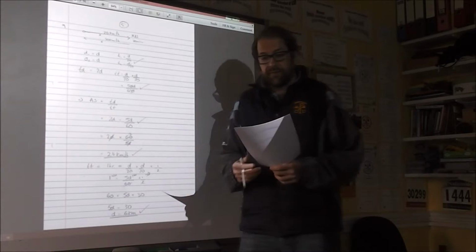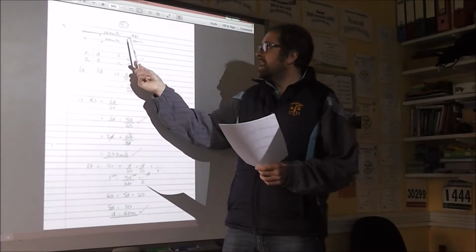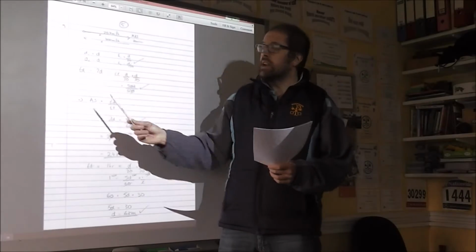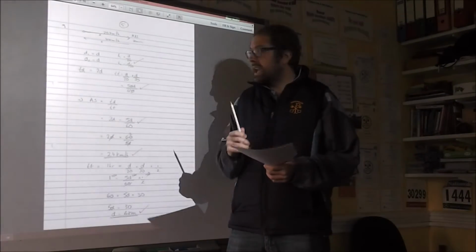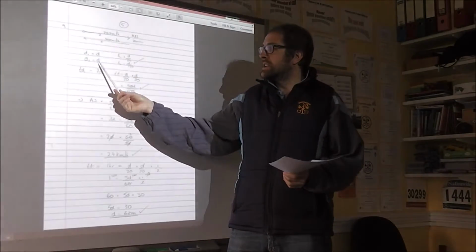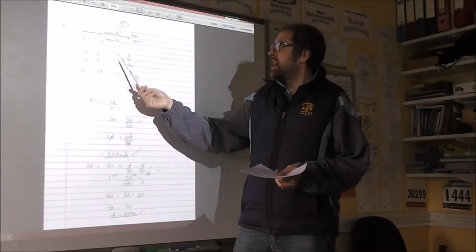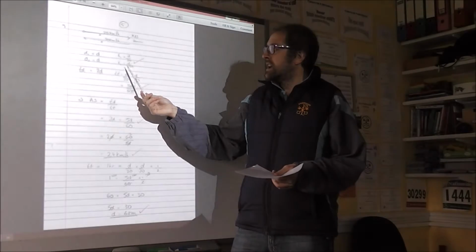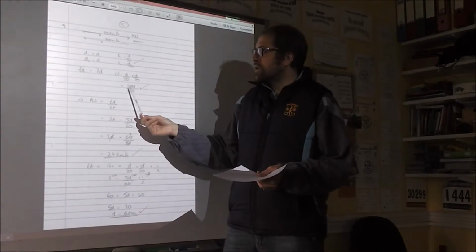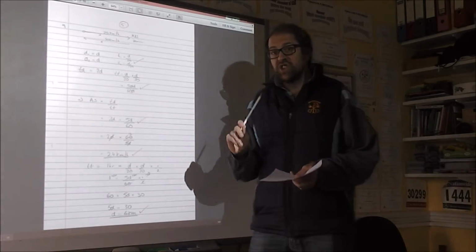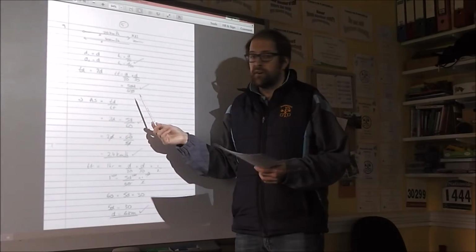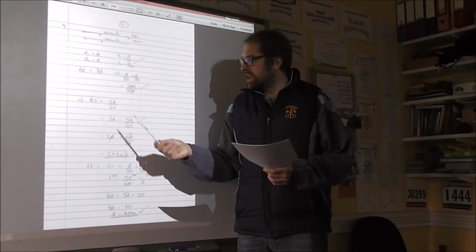Question 9 was average speed. So I drew a quick diagram here, 20 kilometres an hour there, 30 kilometres an hour back. We don't know the distance yet, so I just called it d. So total distance is 2d. The times are d over 20 and d over 30, which gave you a total of 5d over 60. I should have simplified that to d over 12. I didn't, but you could do that.